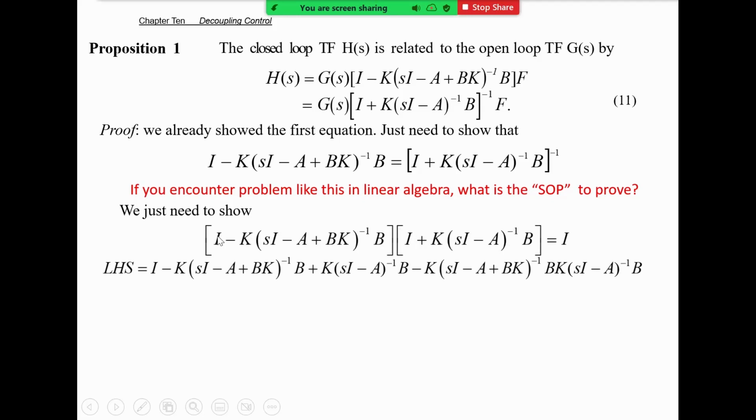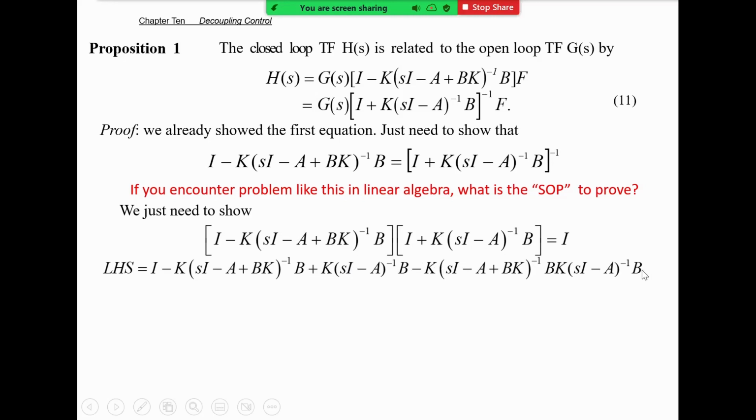And the second one is this one multiplied by the second matrix, and that's how we get those two terms. So this one times this one gives you this term, and this term minus this matrix times B times K times this matrix.